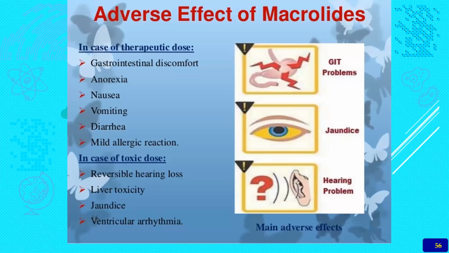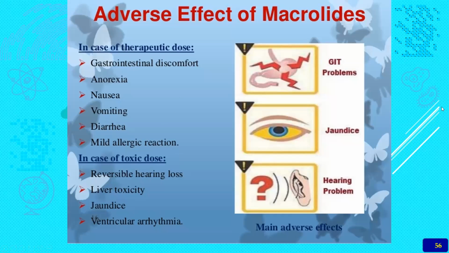Usually the side effects of the macrolides, including erythromycin, are gastrointestinal discomfort, that's anorexia, then nausea. So you can remember that GIT problems will be present, and then diarrhea. This diarrhea is very dangerous in the case of horses. And mild allergic reactions may also happen in some cases.